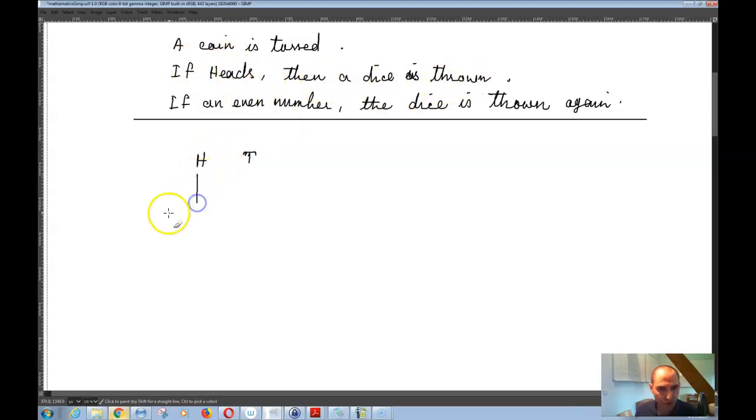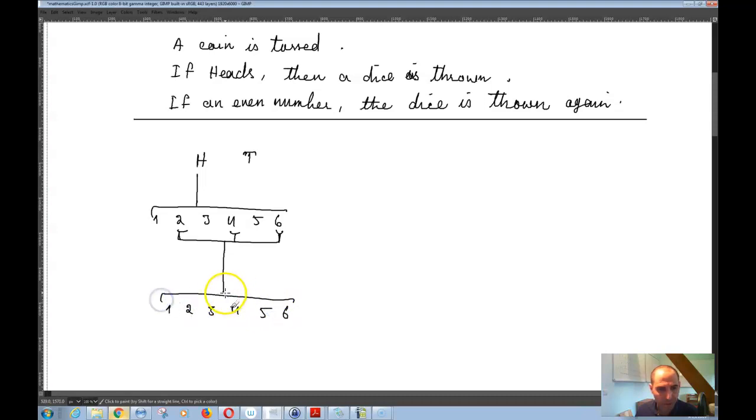If you throw a dice, you get either 1, 2, 3, 4, 5, or 6. And if an even number shows up on the dice, meaning 2, 4, or 6, then the dice is thrown again, meaning that you will get again either 1, 2, 3, 4, 5, or 6. So that's what happens here.